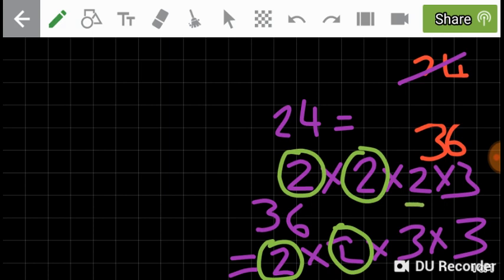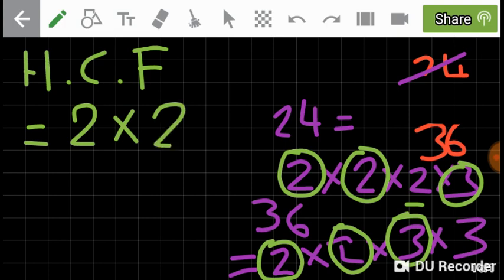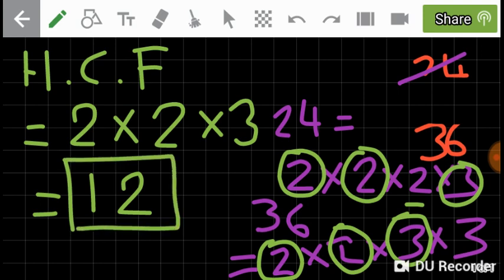For the third 2, we do not have another 2 with 36, but 3 is again common to both numbers. So we write that the HCF equals 2 times 2 times 3. 4 threes are 12. So the HCF for 24 and 36 is 12.